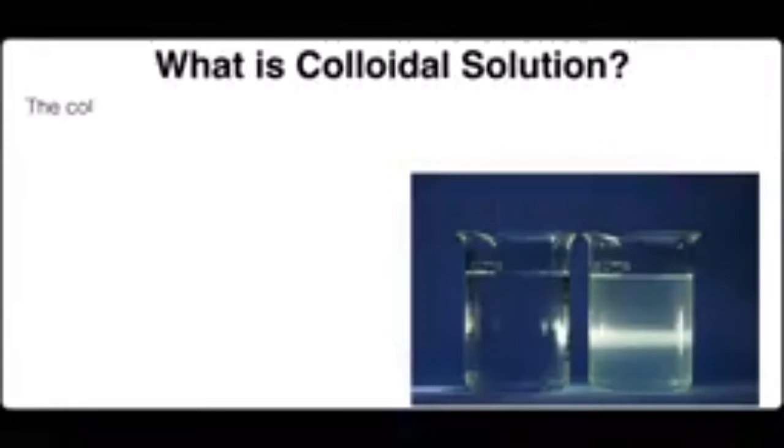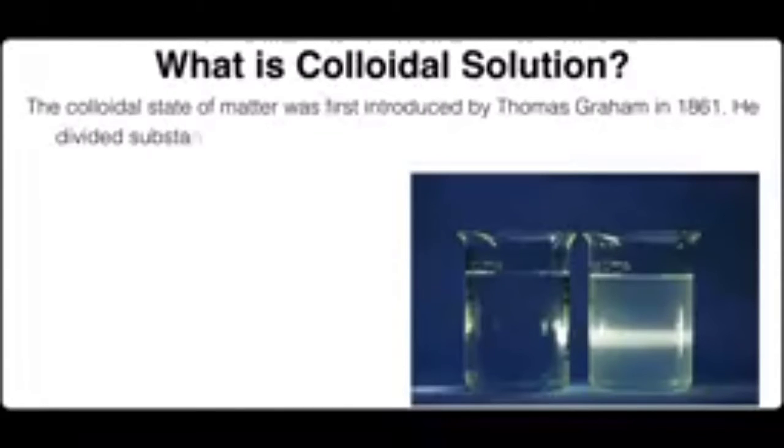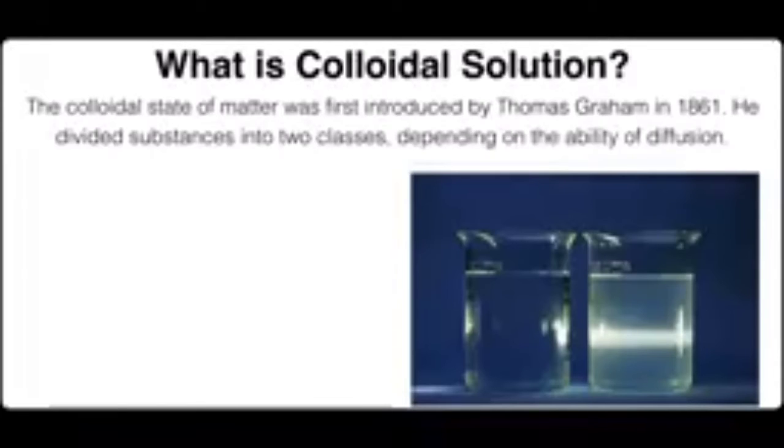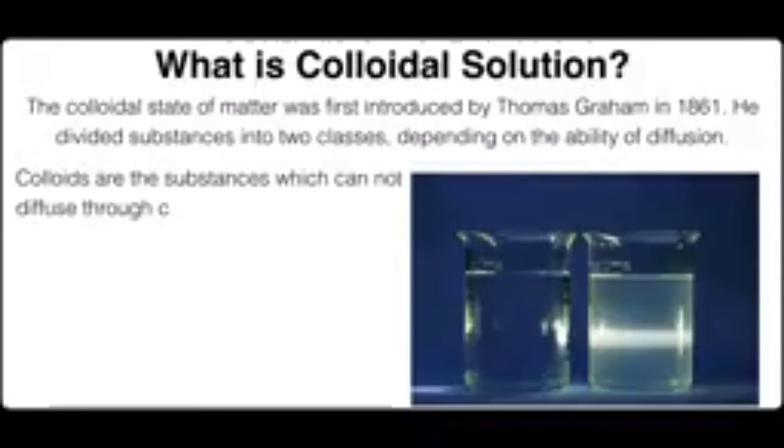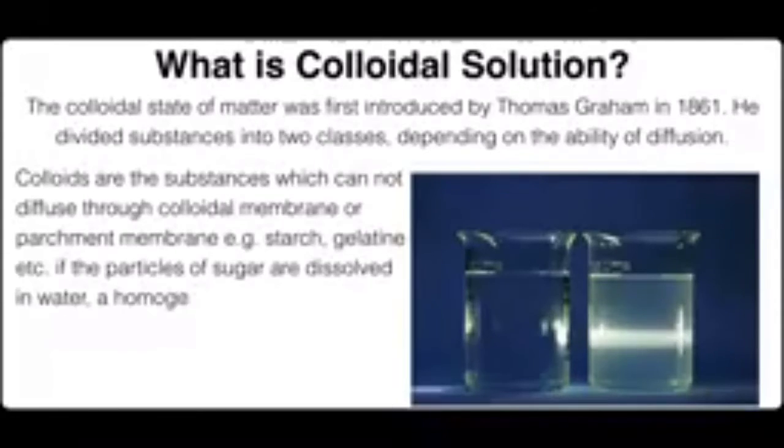What is colloidal solution? The colloidal state of matter was first introduced by Thomas Graham in 1861. He divided the substances into two classes depending on the ability of diffusion. Colloids are the substances which cannot diffuse through the colloidal membrane or parchment membrane, for example, starch, gelatin, etc. If the particles of sugar are dissolved in water, a homogeneous solution, that is true solution, is obtained.